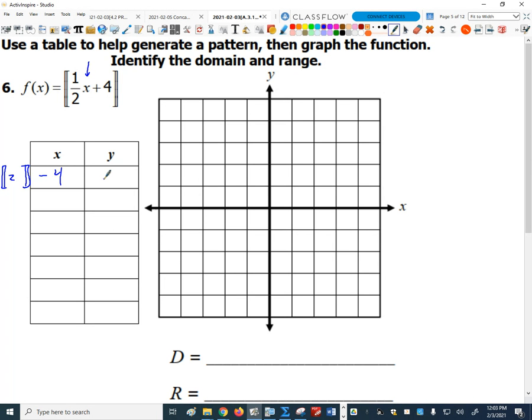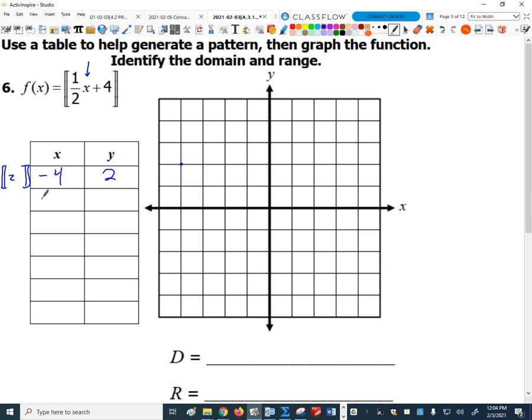What's the floor of 2 going to give me for my y value? Type it in chat. What's the greatest integer less than or equal to 2? It's 2, isn't it? Yeah, so we get 2. So I've got the point -4, 2. I'll put a point right there.